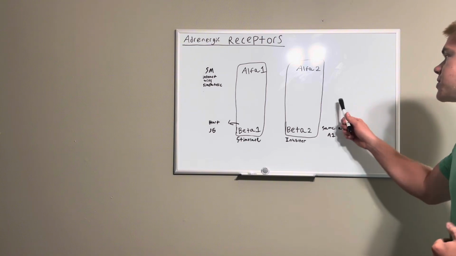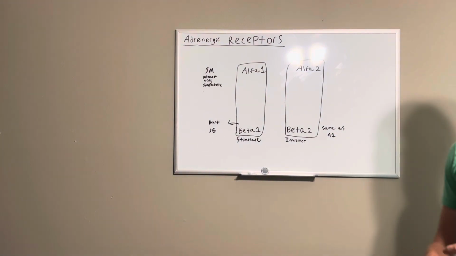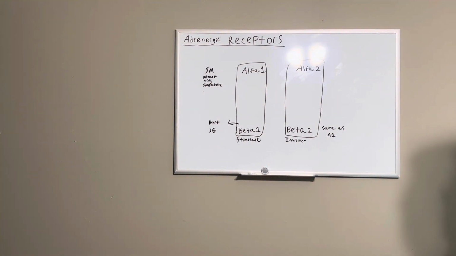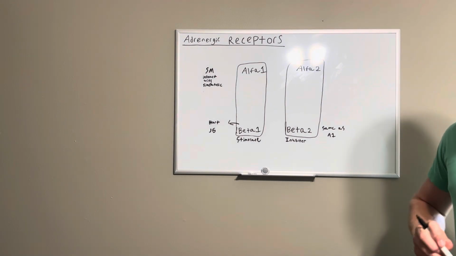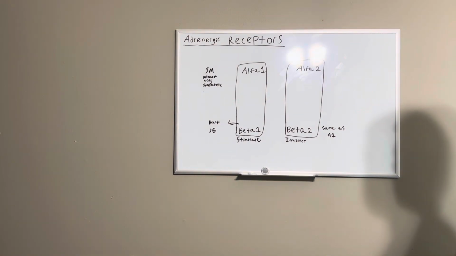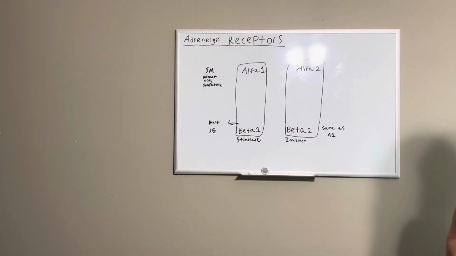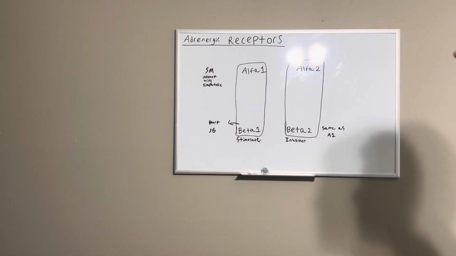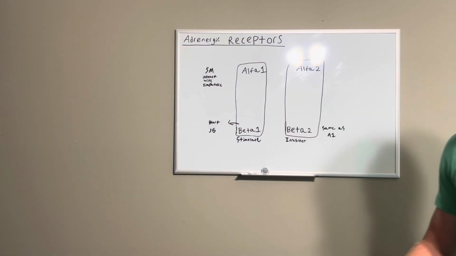And then the alpha 2, we don't really use that much. We don't really deal too much with alpha 2 in EMS, and a lot of videos skip over it. But I'm not going to skip over it, because it's good to know, and that way you know all 4 of them, not just 3. So alpha 2, you're going to find these in the presynaptic terminals.